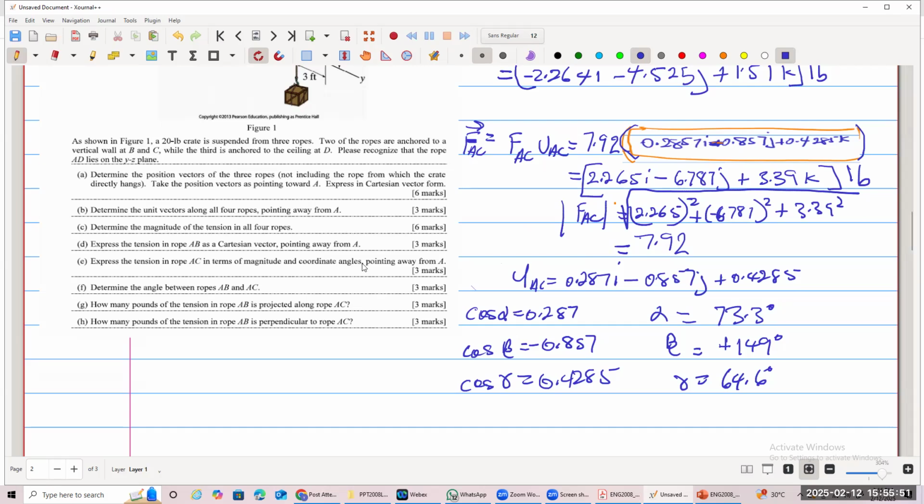Those are the coordinate angles pointing away from A. What they're saying is that this is the angle in reference to the x-axis. This is your alpha, 73.3.